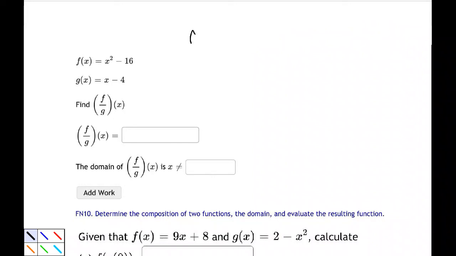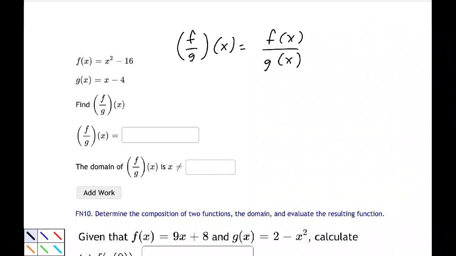So f divided by g of x is equal to f of x divided by g of x. Since f of x is x squared minus 16, that'll be my numerator, divided by x minus 4. That's my denominator, that's g of x.